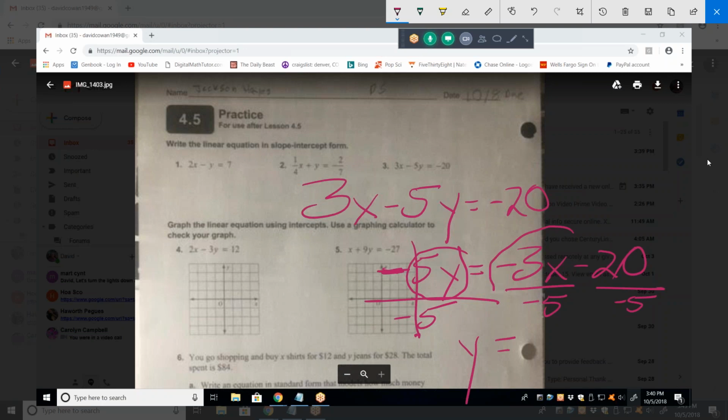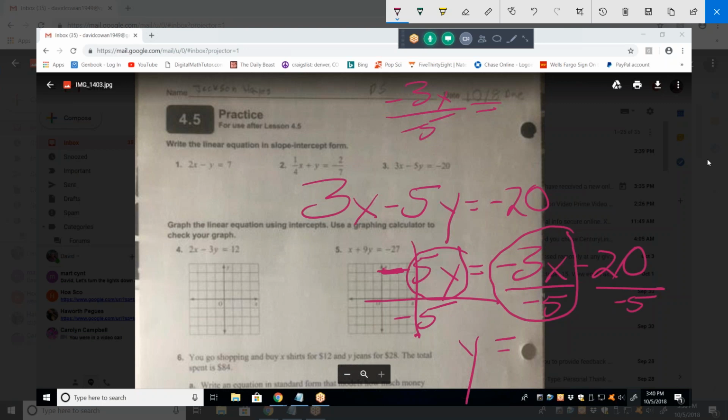Y equals... hold on. We got minus 3x divided by minus 5. What does that equal? When it has to be in slope-intercept form, we need a coefficient in front of the x. First of all, what's a minus 3 divided by minus 5 going to be? Minus divided by minus becomes what?